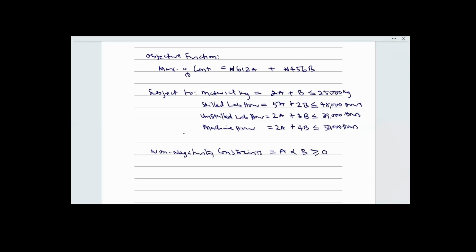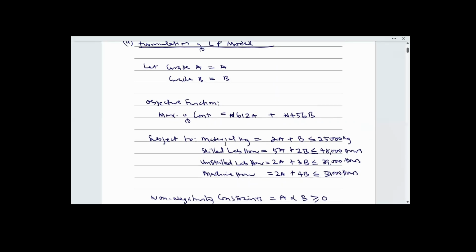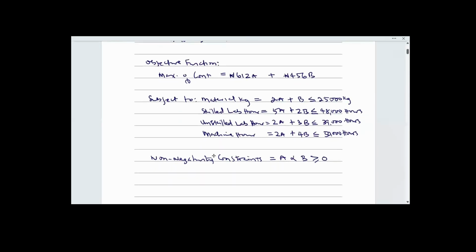Whatever unit we produce for A and B must be greater than or equal to 0. You cannot have negative output. The minimum you can produce is 0, and when you produce 0, it's as good as not producing anything. So with this, I will hang my 5 marks, pocket it, and move to the next one.